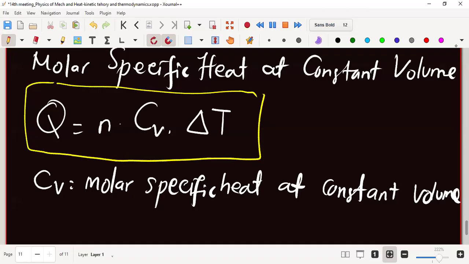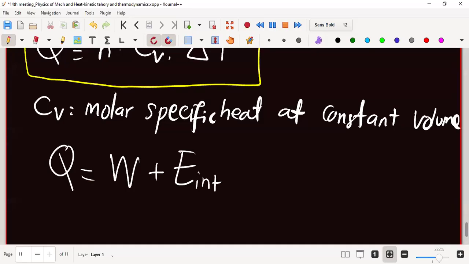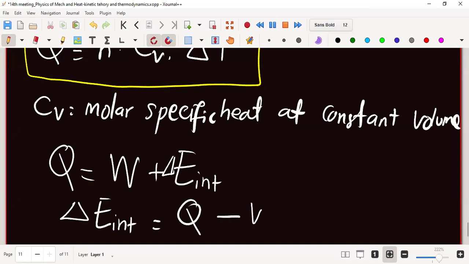And then we remember the first law of thermodynamics: the change in internal energy is heat minus work. So Q is W plus delta E. In constant volume, W is 0.